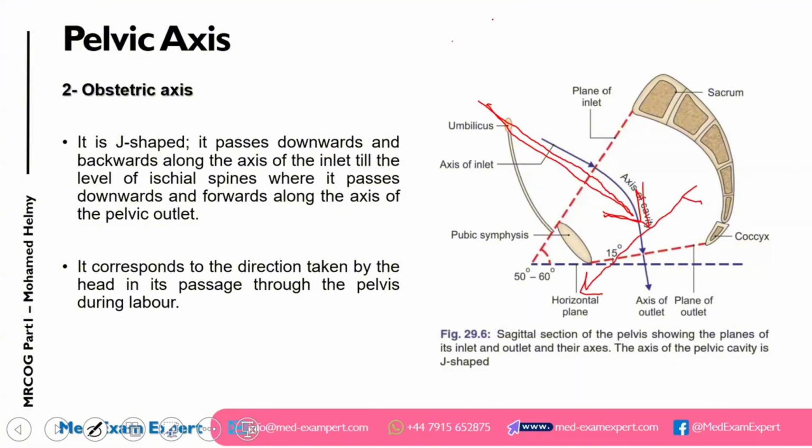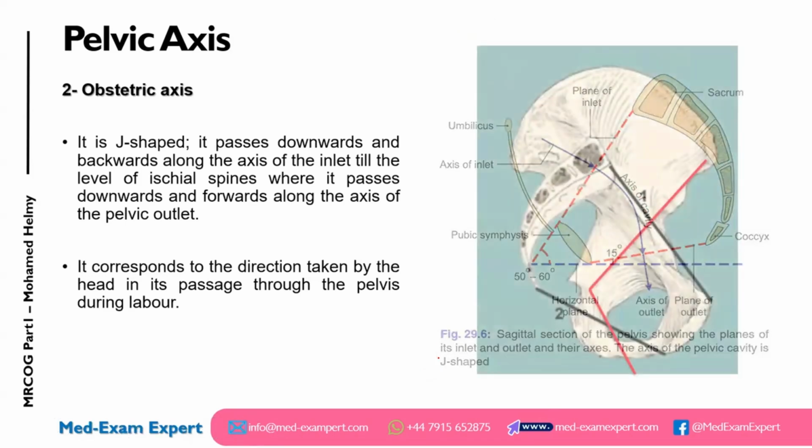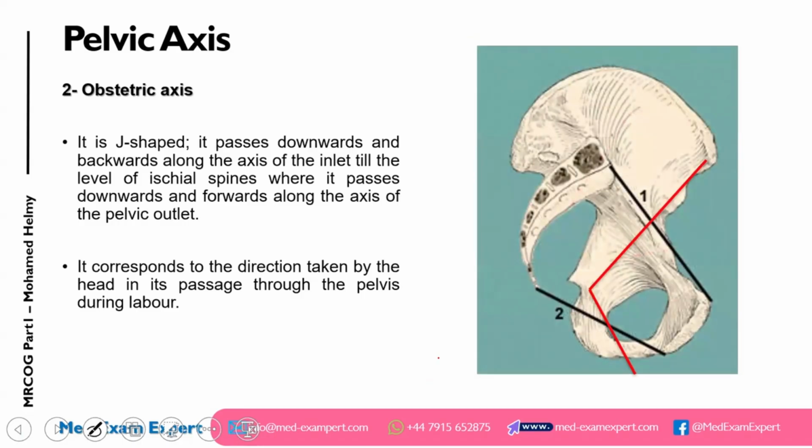So we get a J-shaped axis like that. This is called the obstetric axis. The baby's head is delivered like that, passes through the inlet, until the level of the ischial spine, then moves downward and forward. So it gives us this line, we call it the obstetric axis.